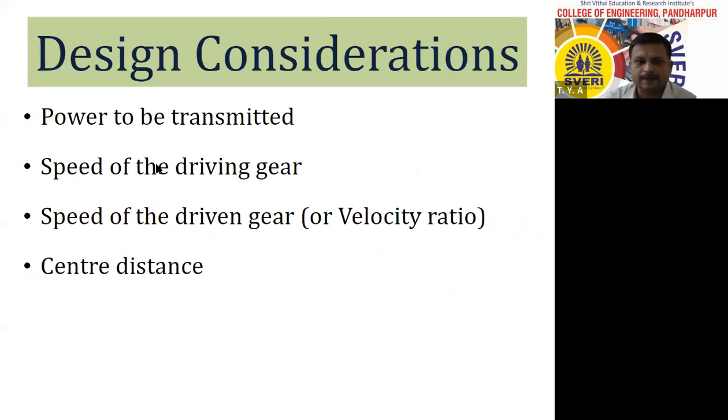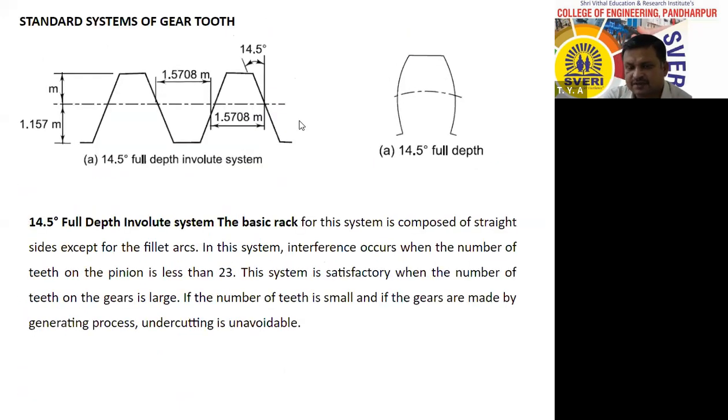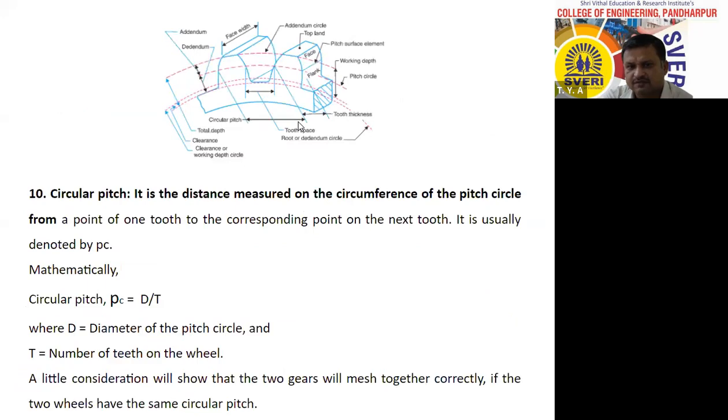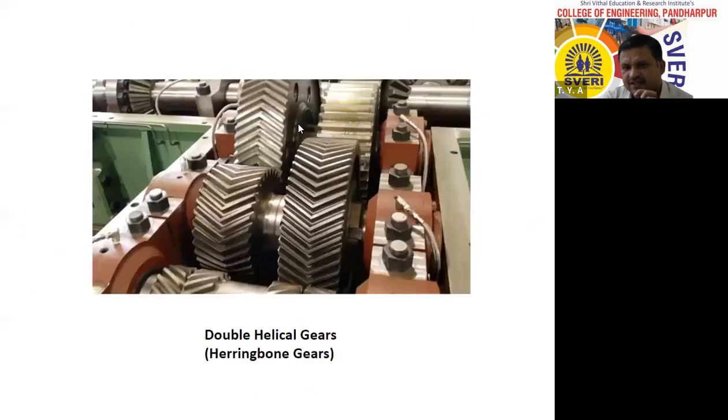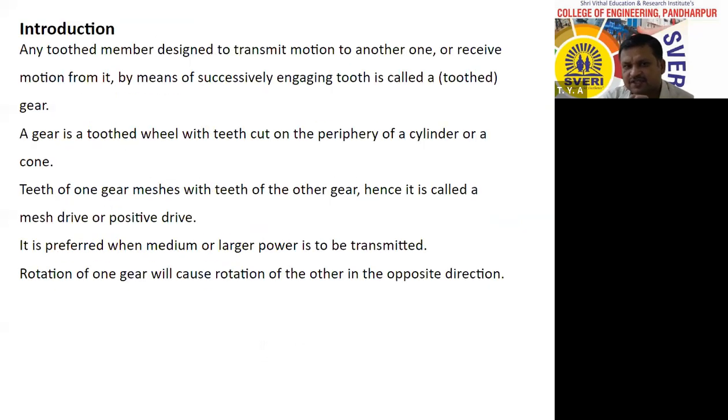Therefore, this is the basic theory of the gear. I think you have understood it. This basic theory is not there in your syllabus, but still we have taken it so that you must understand what are different types of gears, what is the gear.